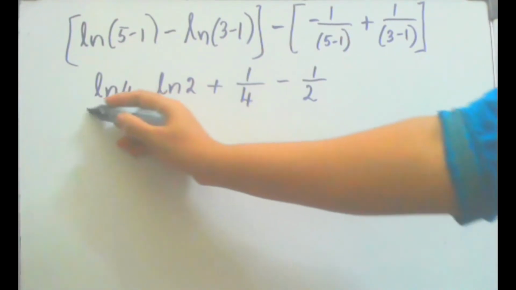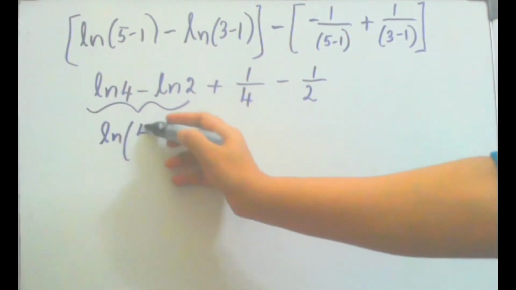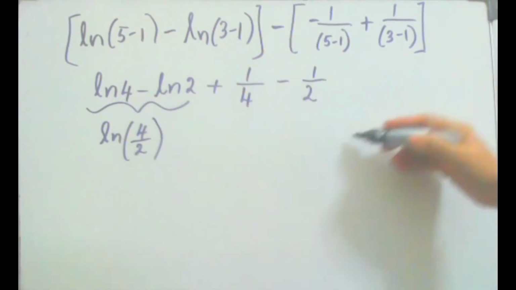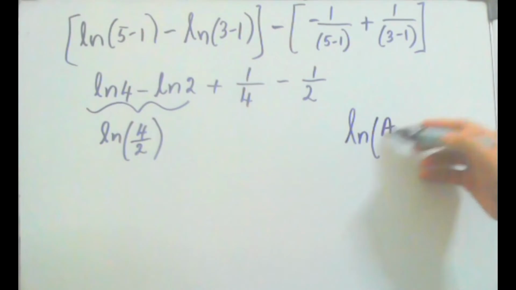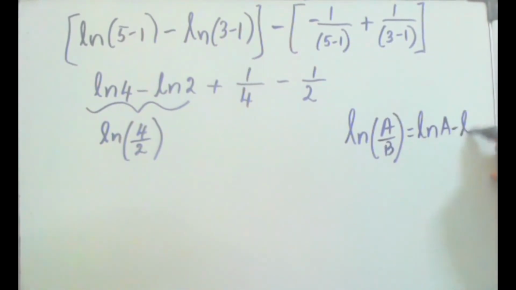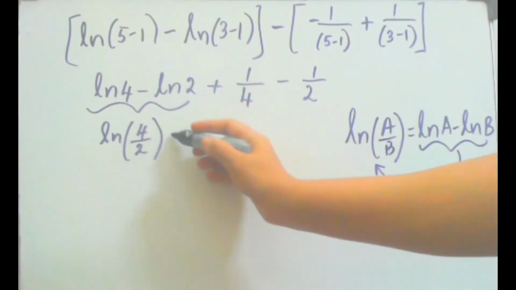So from the logarithmic rules we know that this becomes ln 4 by 2. Why? Because we know ln of a divided by b can be written as ln a minus ln b. So ln a minus ln b can be written in the form like this, which we are using here.